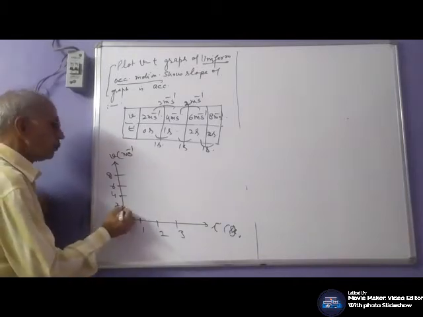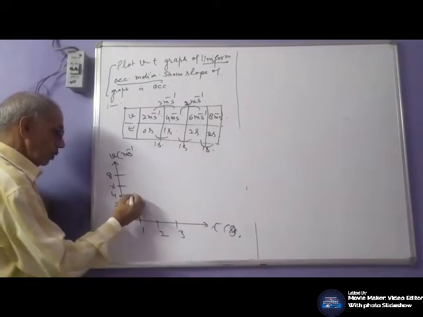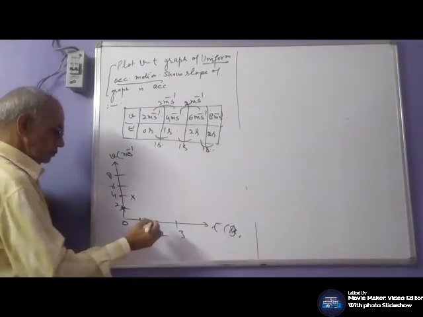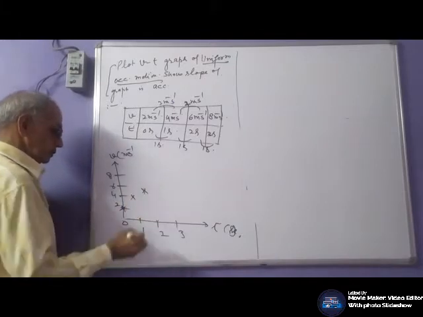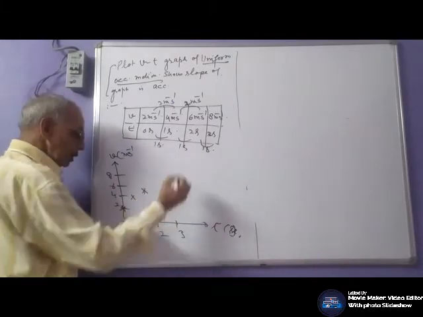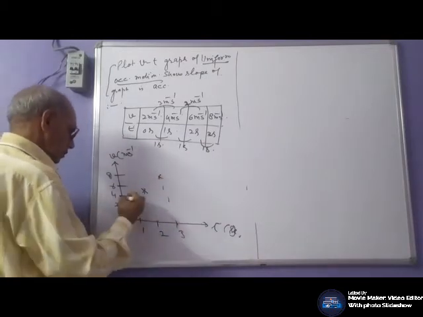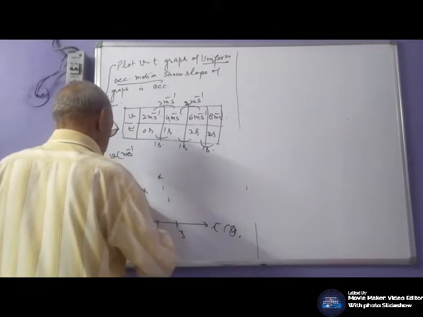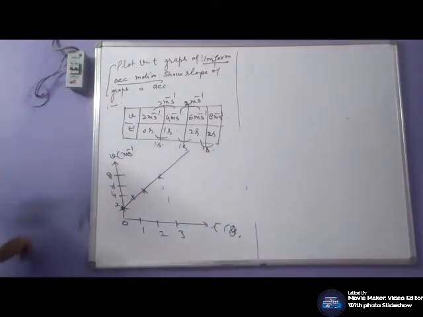So the points are 0, 2; 1, 4; 2, 6; 3, 8. This is the graph. Plot the VT graph. This is the VT graph.